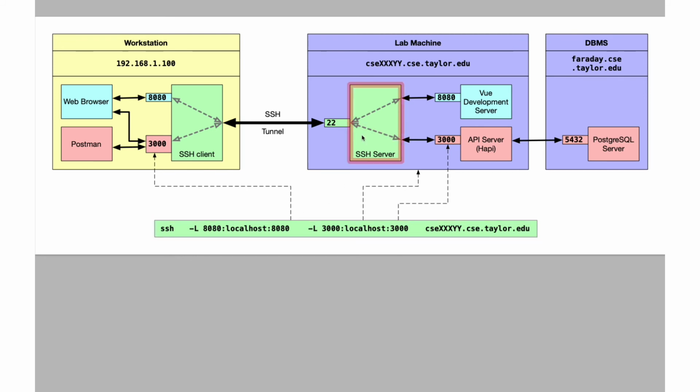The localhost from the perspective of the SSH server. It's going to send that information onto this port 8080 and get a response from the Vue development server. And in both cases, the responses that come back from these servers are going to be sent back across the same tunnel to the client that initially made the request to that particular server.